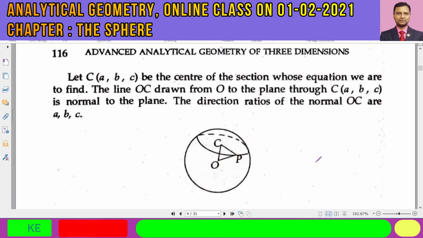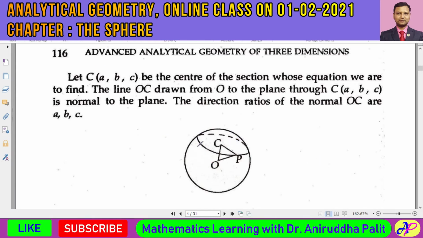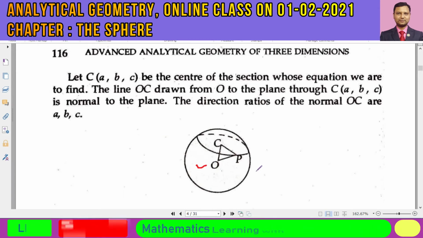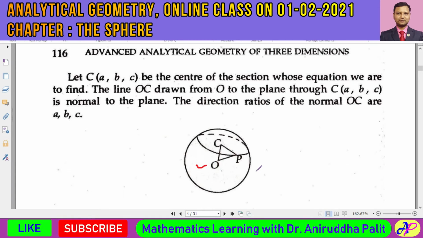You see, this C is the center of this circle, and that is actually a small circle. And this point O is the center of the sphere.